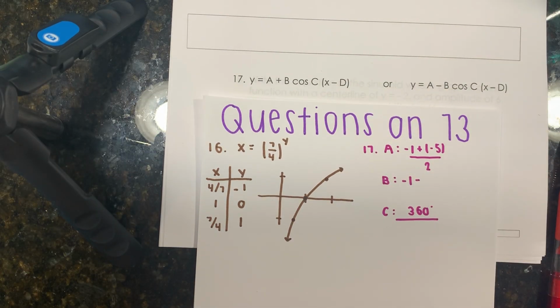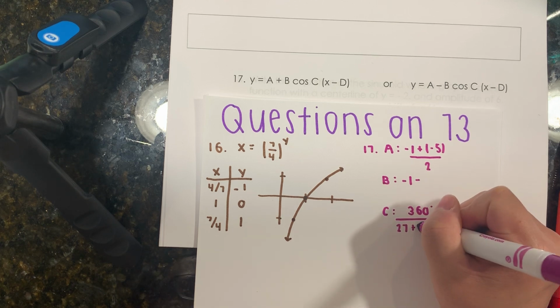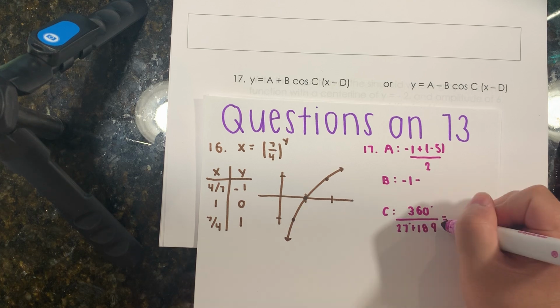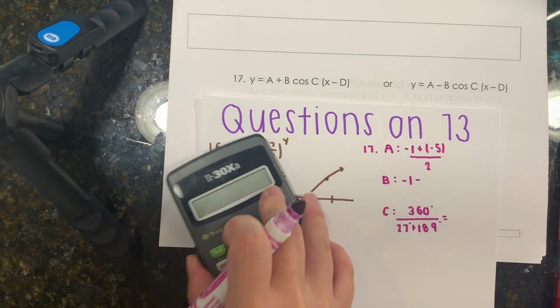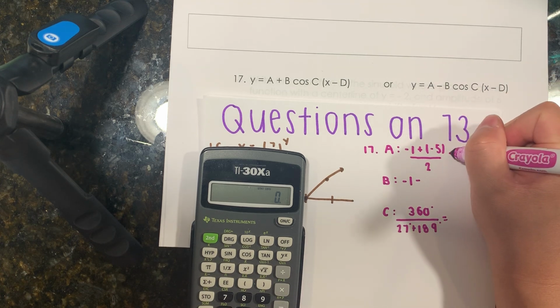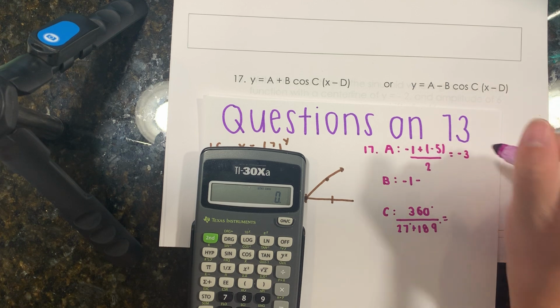So now, I said it's from 27 to 189, and I can simplify that. So now for the top, I have -1 minus 5 would be -6 divided by 2 would be -3.